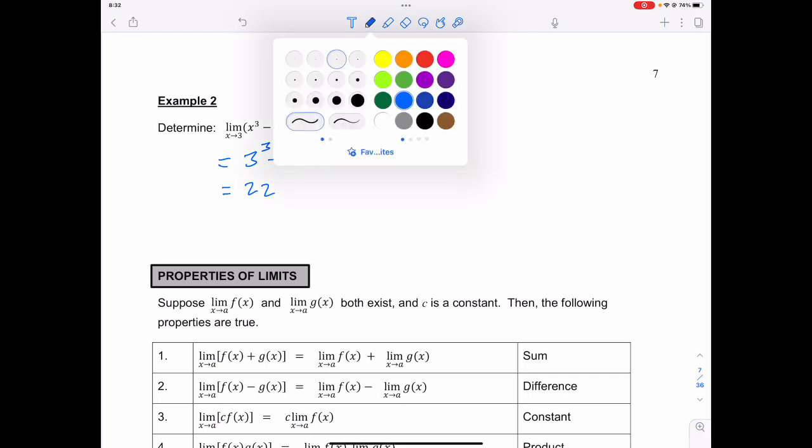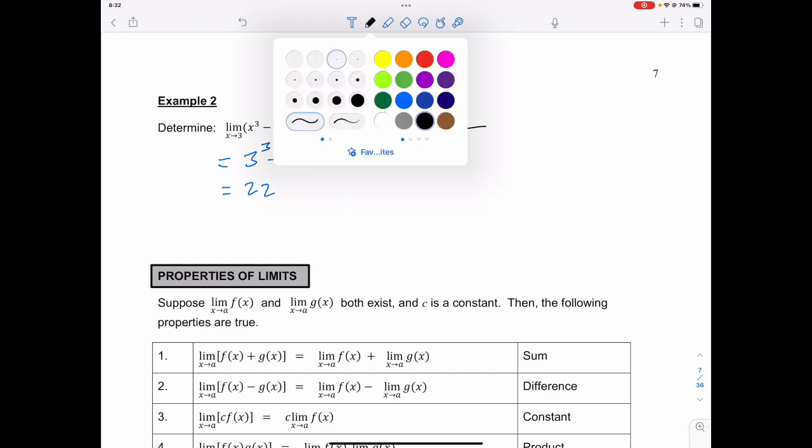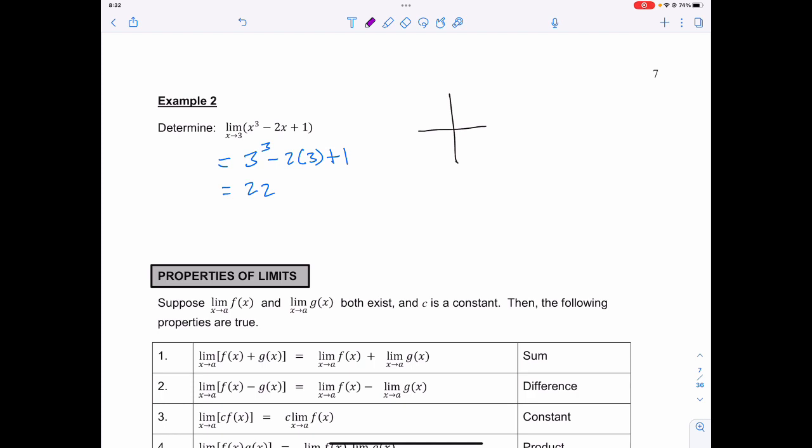Now, the reason why I don't have to worry about it, like in the previous example, is that we had that hole because of our rational function. Because of that point of discontinuity, or the non-permissible value, we had that hole at the point of 3 where we were approaching it from both sides, but couldn't actually equal 3 in our original function because it was a non-permissible value.